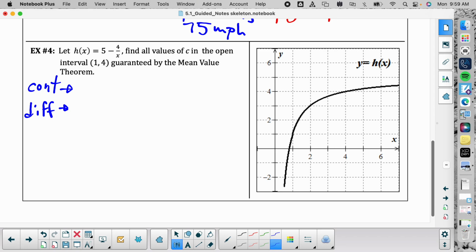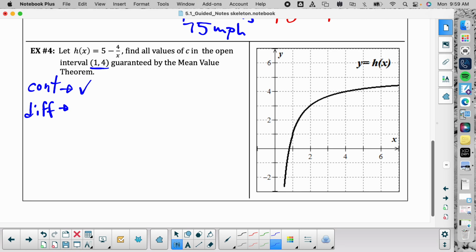Like it tells us where to look. Oh, 1 to 4. Since x equals 0 is outside of 1 to 4, then that's acceptable and okay with us. Our graph is continuous from 1 to 4.